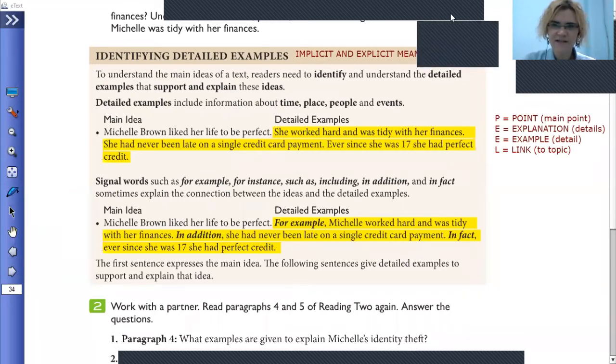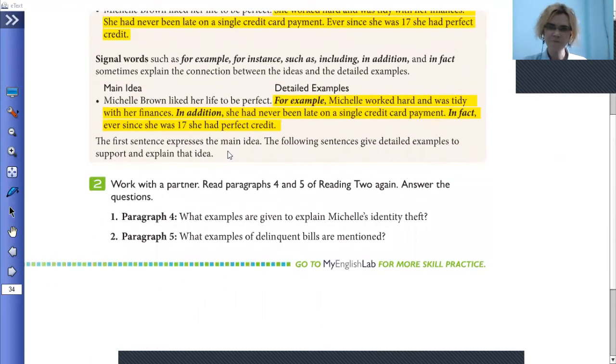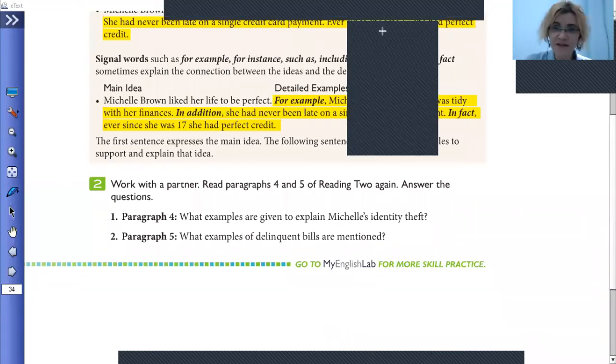So let's go down to it. So there is the first question, paragraph 4. What examples are given to explain Michelle's identity theft? Now, I would like you to tell me, could you recognize the examples here? Now, we would have to underline and annotate this, of course, because as I told you before, it is very important for you to be able to annotate, right?